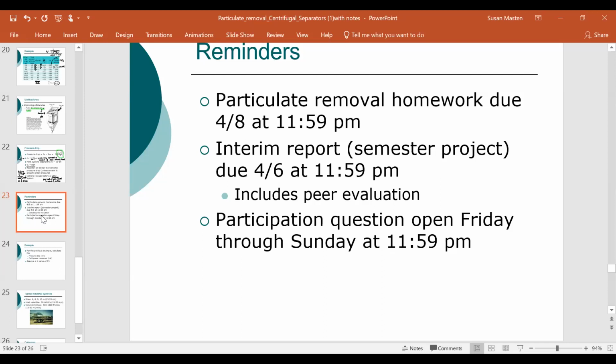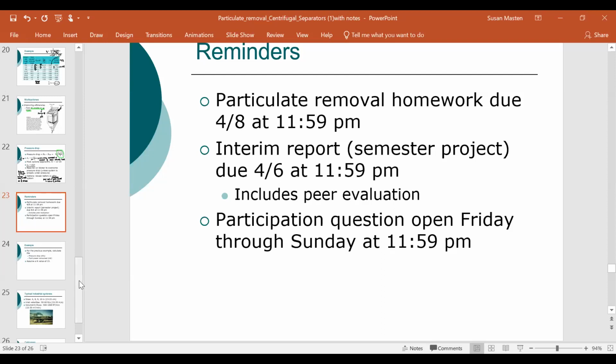So don't forget to do that. And finally, the homework on gravity settlers, centrifugal separators, and ESPs, which we'll talk about today, is due on Wednesday at 11:59. I moved that to Wednesday just so that the interim report and the homework are not due on the same day.